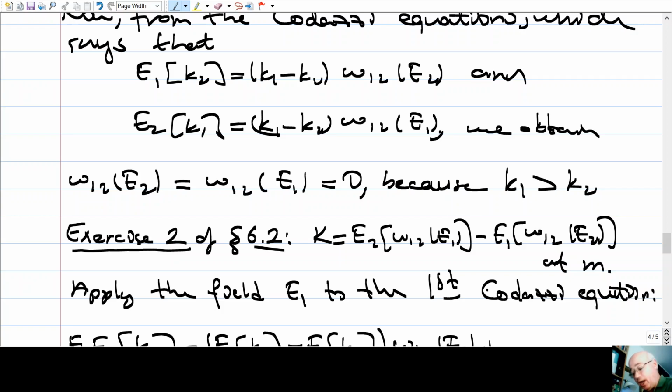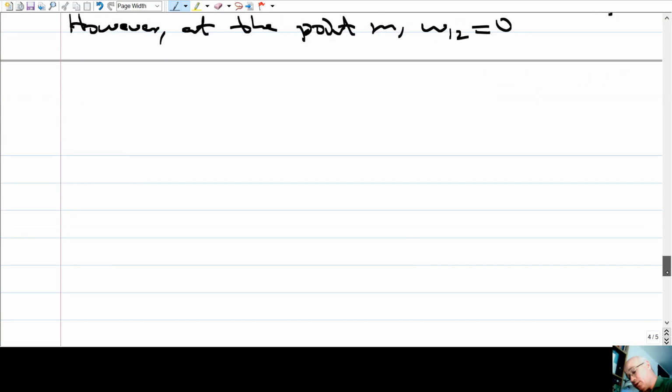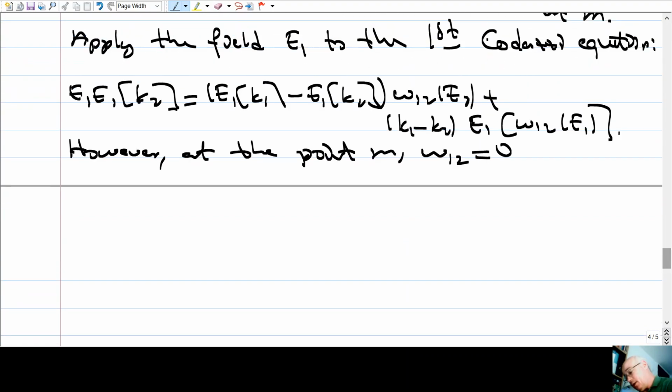So it is 0 on all the vectors, right? They form a basis, so the one form is 0 identically. And K1 minus K2 is positive.